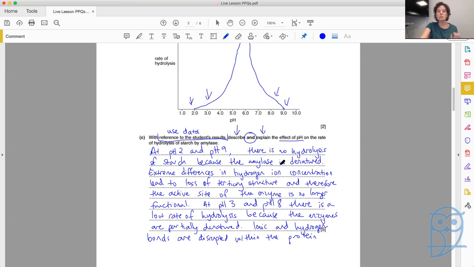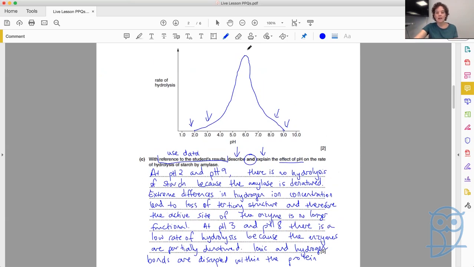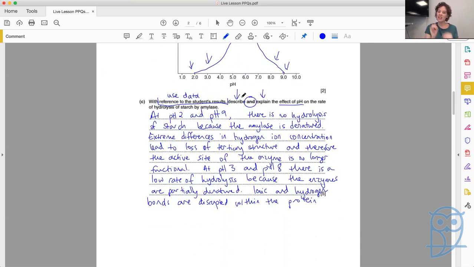The elephant in the room is, of course, our very high rate of hydrolysis at our optimum pH. Is another key word, optimum. They love optimum. So we have a high rate of hydrolysis at a pH of 6.